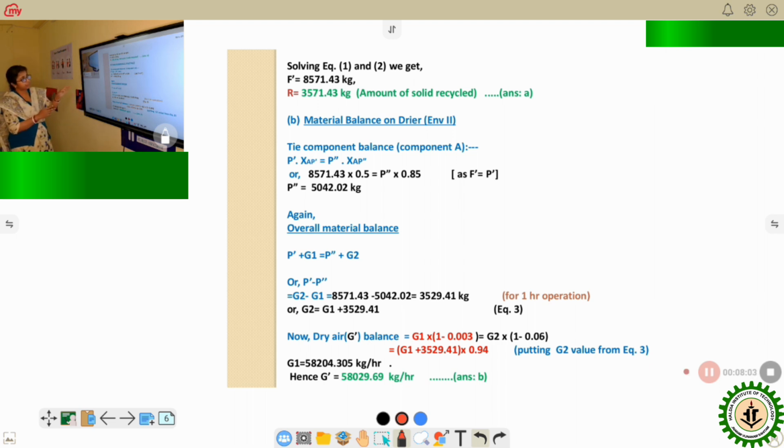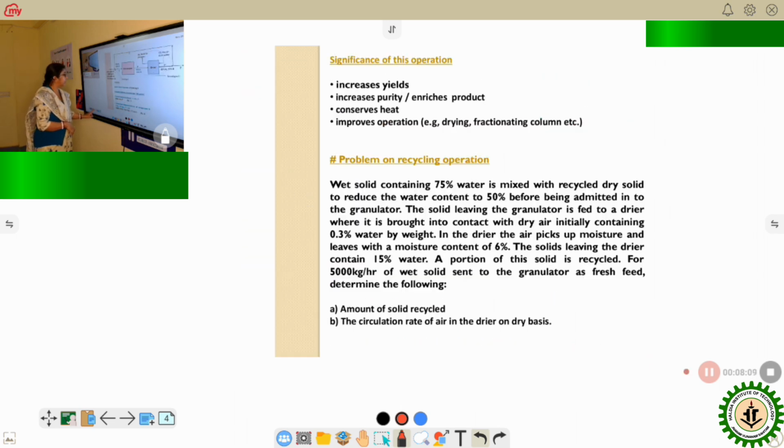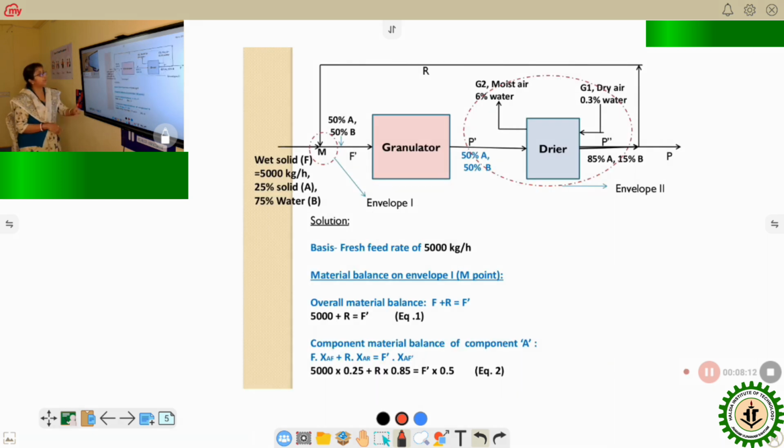Now for the solution of part B, if we draw the envelope around the dryer, then this is envelope 2, which covers this drying operation unit, where we observe two inlet streams, P dash and G1.